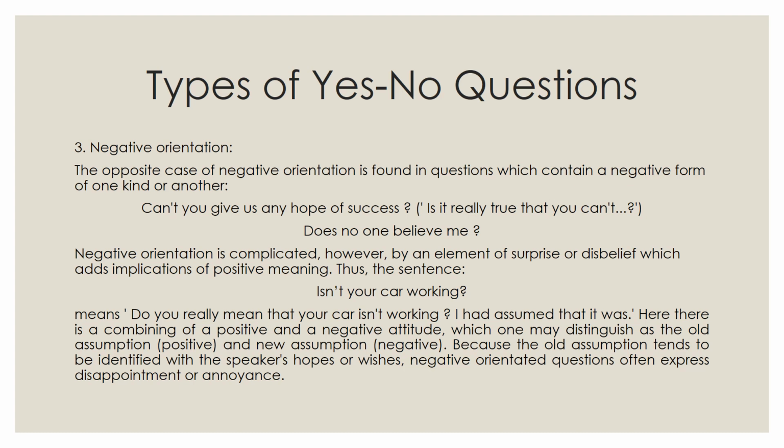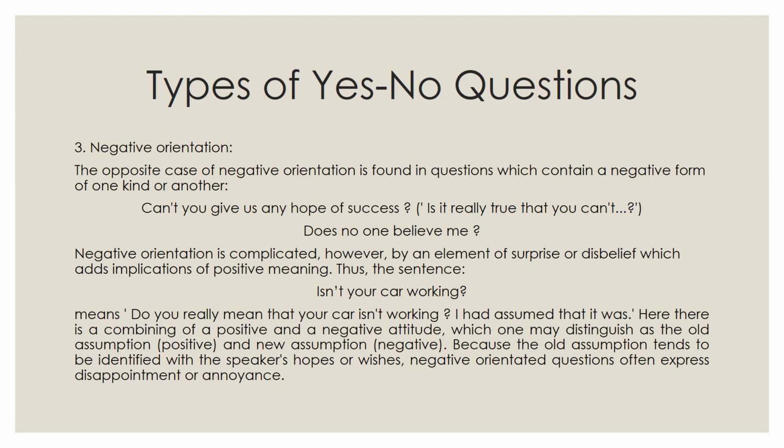For example, isn't your car working? Here, this yes/no question is negative. We negate it by using "not", or we attach "not" to the operator "is". Now, so what does this mean?